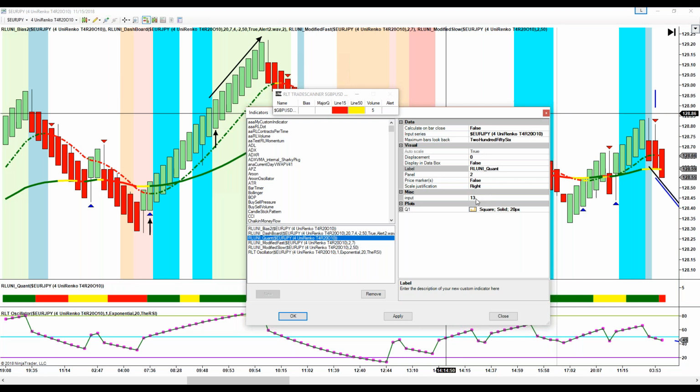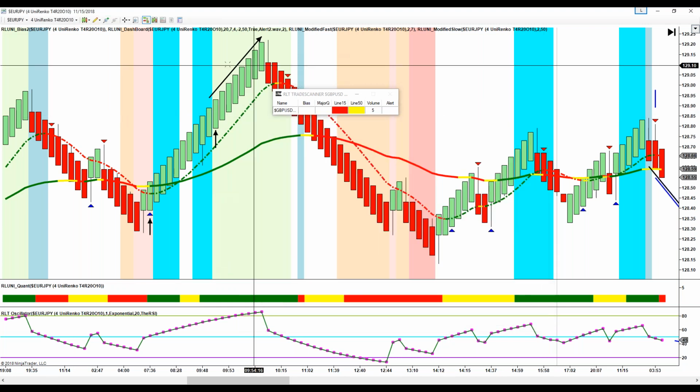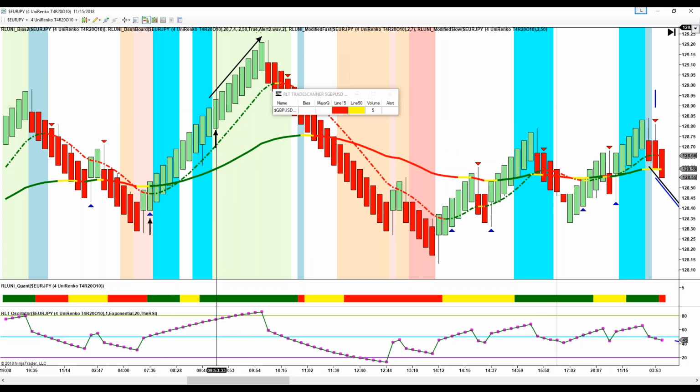A 10-4-20 is a 13. Your next highest is a 21. Your next highest is a 35. It's real simple. All you got to do is just pull up the fib numbers, track them across. So 8, 13, 21, 35. For every time you take a higher Renko position or slow the chart down.